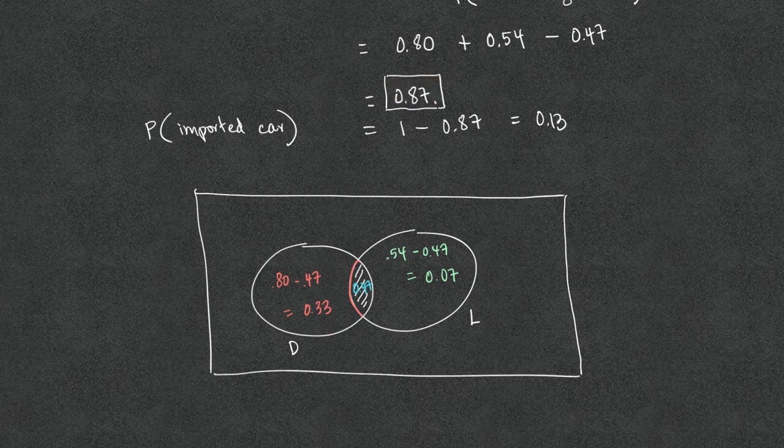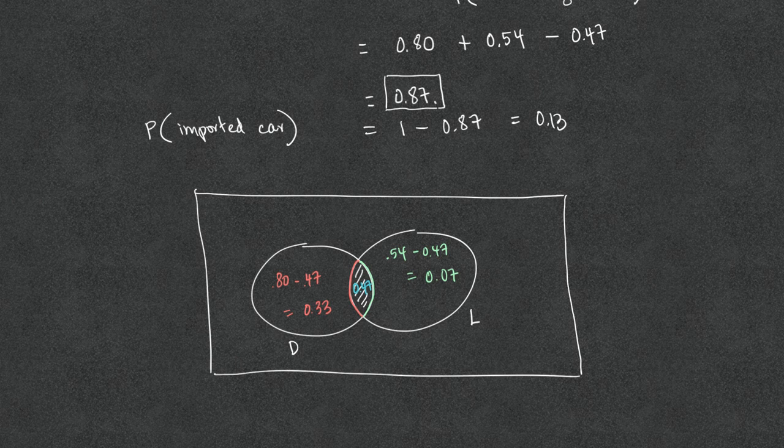In a Venn diagram, we tend to find the probability of each of the pieces. For example, we don't want to write 80%, but we want to find the percentage for each of the non-overlapping pieces. So we know that the entire first circle consists of 80%, but we don't label it as 80%. We label the first piece as 0.33. That is, 80 minus 47 is 33.